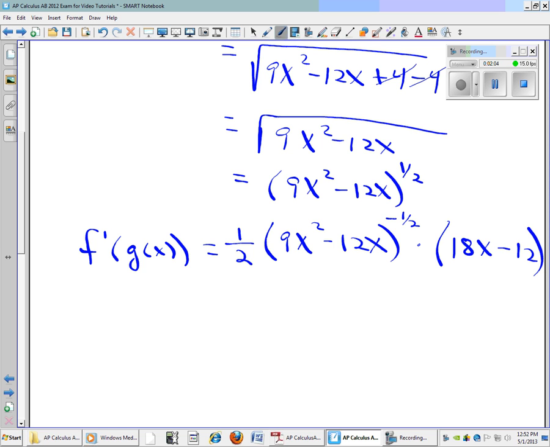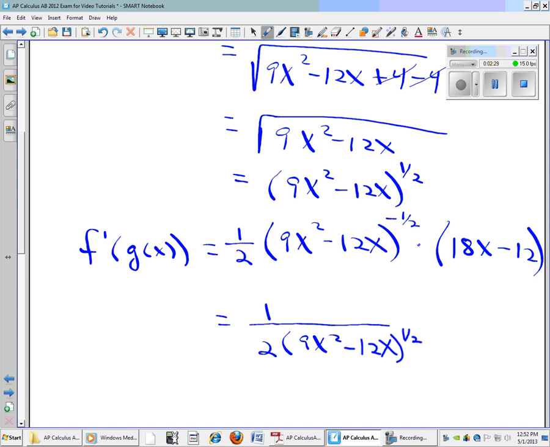I'm then going to take that term that has the negative fractional exponent to the denominator, making it a positive exponent, which gives me 1 over 2. And that 9x squared minus 12x will become a positive 1/2 as far as its exponent.